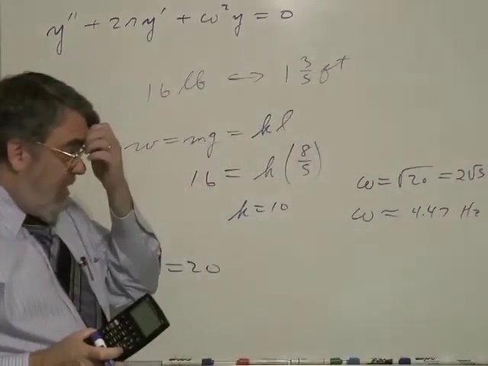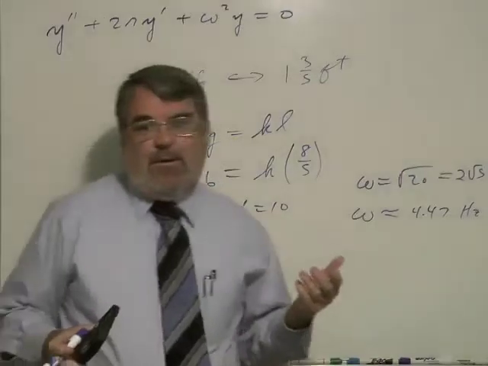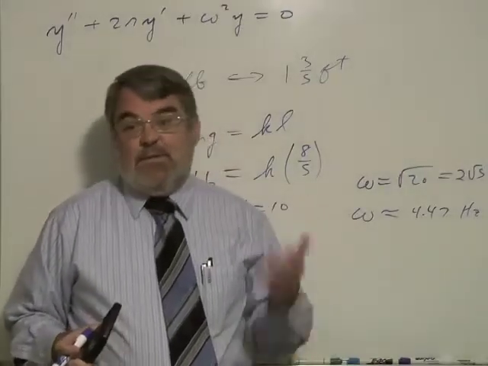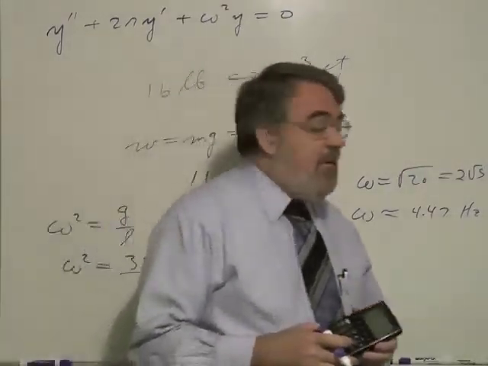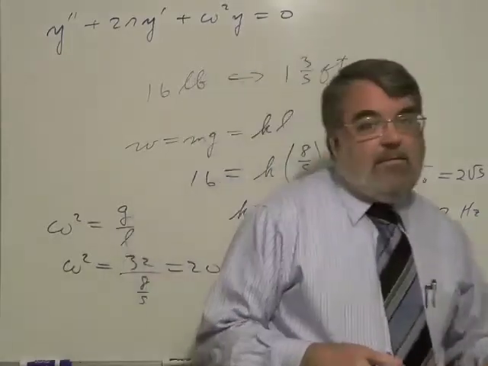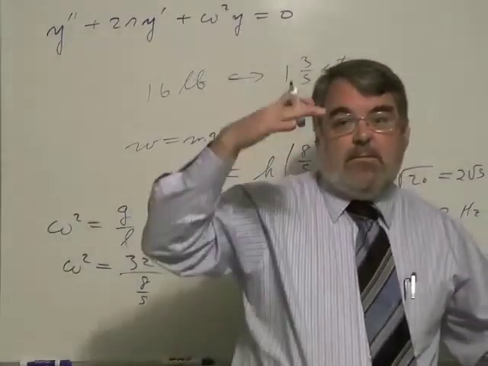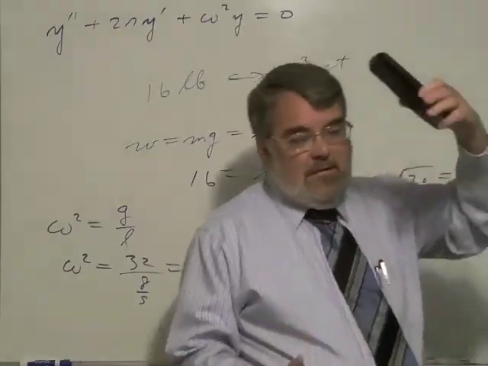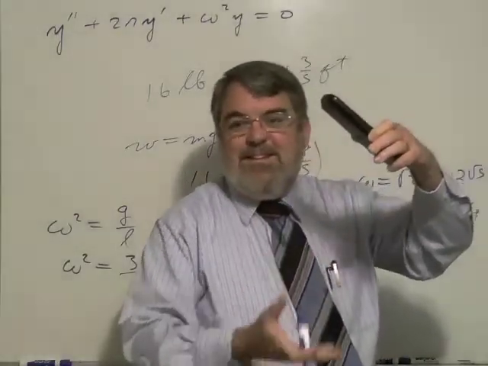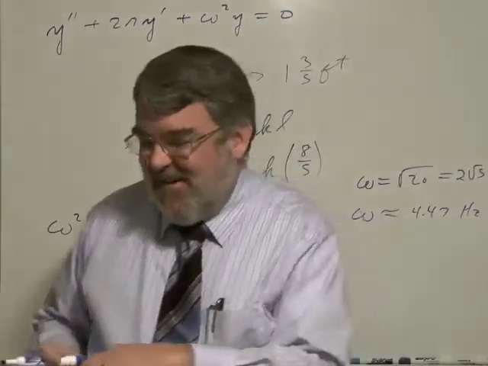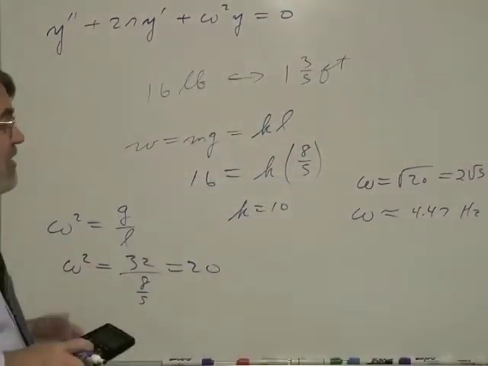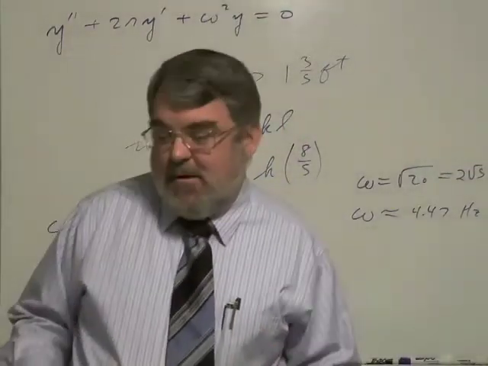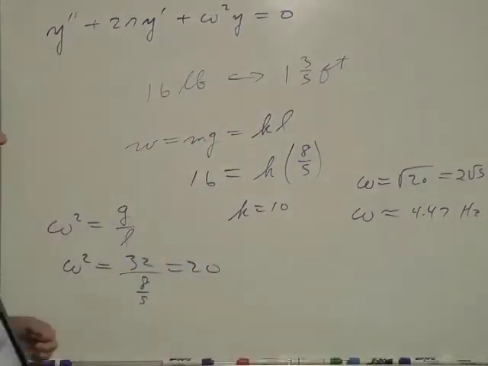So disregarding the resistance in the spring, the natural frequency of the spring would be about 4.5 times per second. It would bounce up and down 4.5 times per second. That's quite a bounce, that's pretty fast. We'll see what happens when we put in the coefficient of resistance, how that changes this problem.